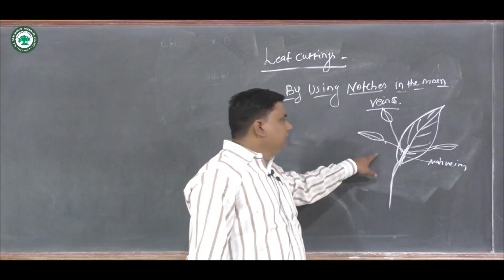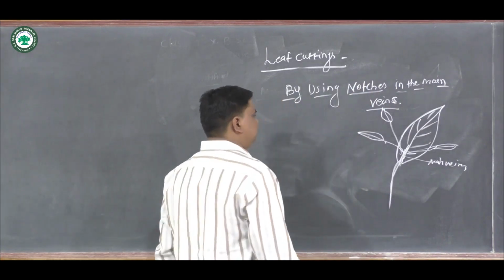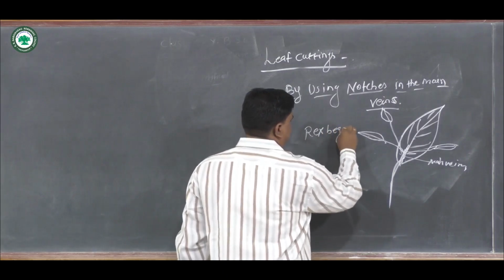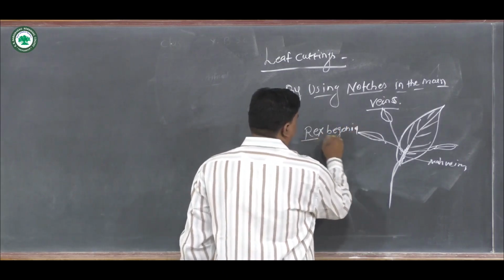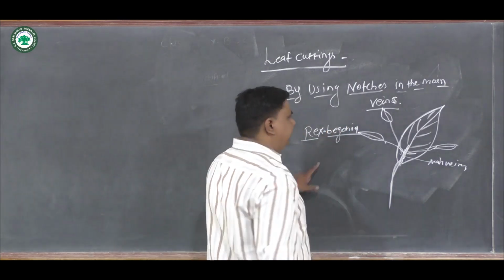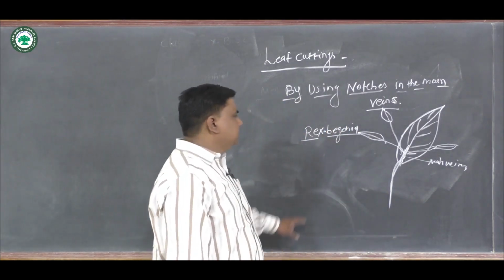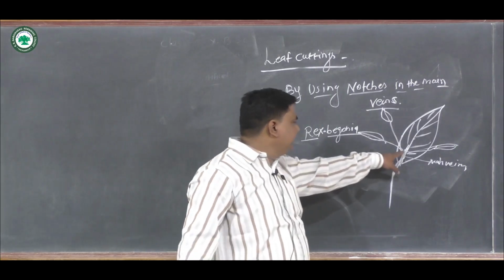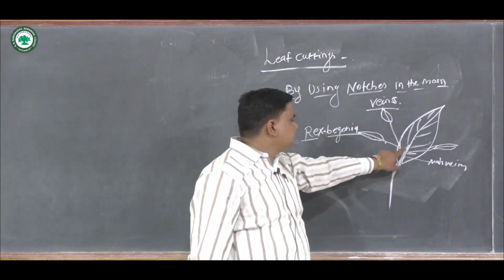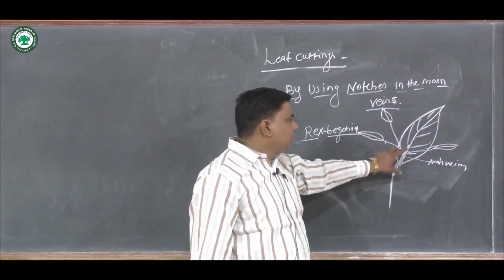Here in Rex begonia, in the Rex begonia plant, there is the junction of the main vein. Look here, at the junction of the main vein, the notches are made.